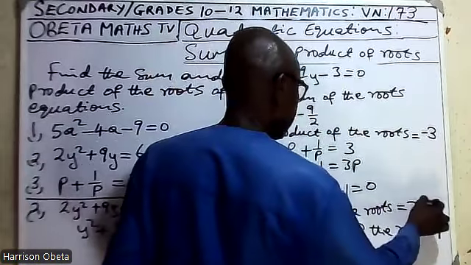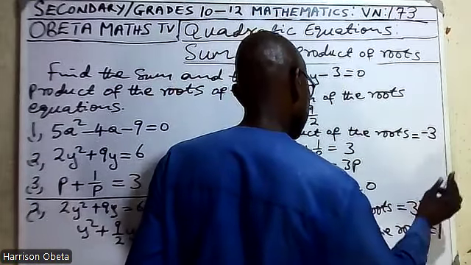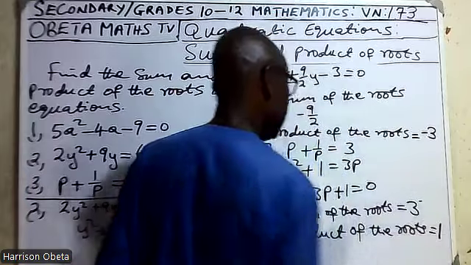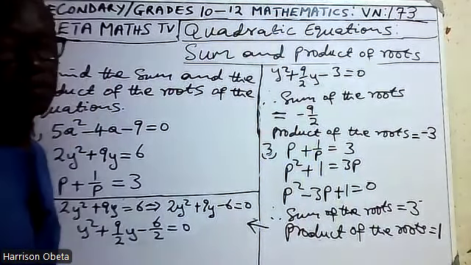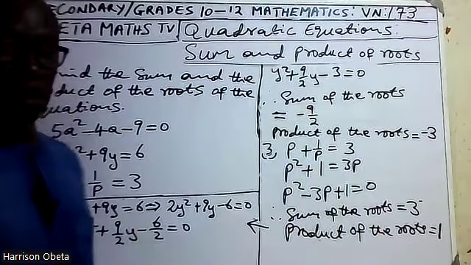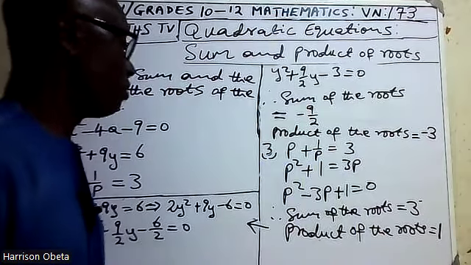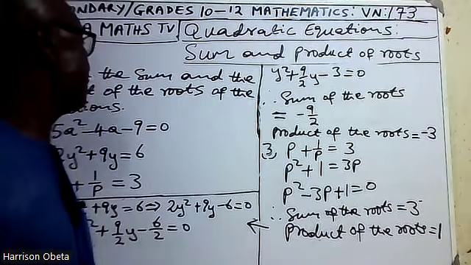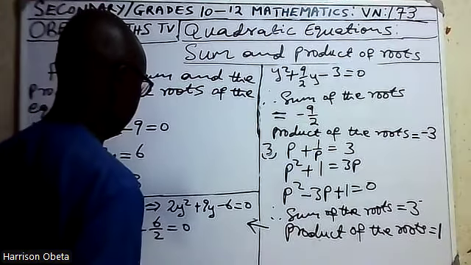So we have seen that the sum of the roots is 3, and the product of the roots is 1. So that is that. The only thing is that you have to be very careful whenever you are writing it.